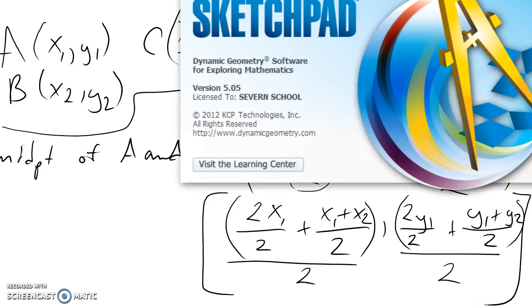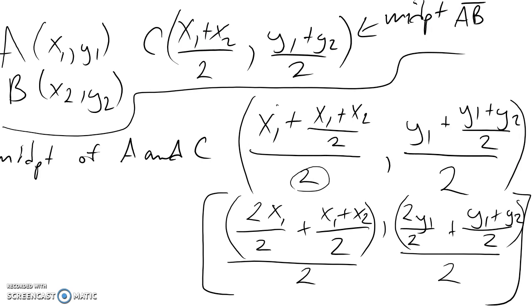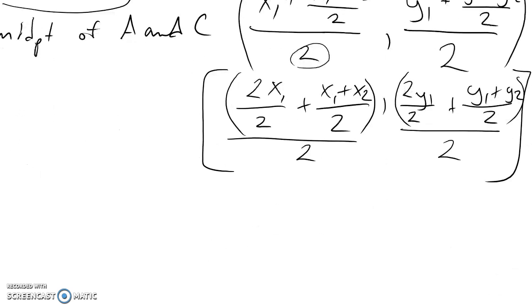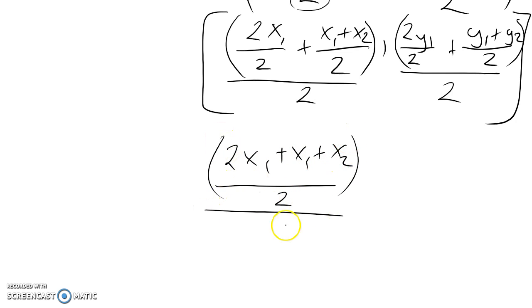But that's still pretty messy as it is right now. All right, so let's scroll down a bit and see what we can look at next. If I want to simplify the numerators on both of those coordinates, I'm going to end up with (2x1 plus x1 plus x2) all over 2, and that whole thing is still divided by 2. We can't forget that. We'll deal with that denominator in just a second. Over here it's the same deal.